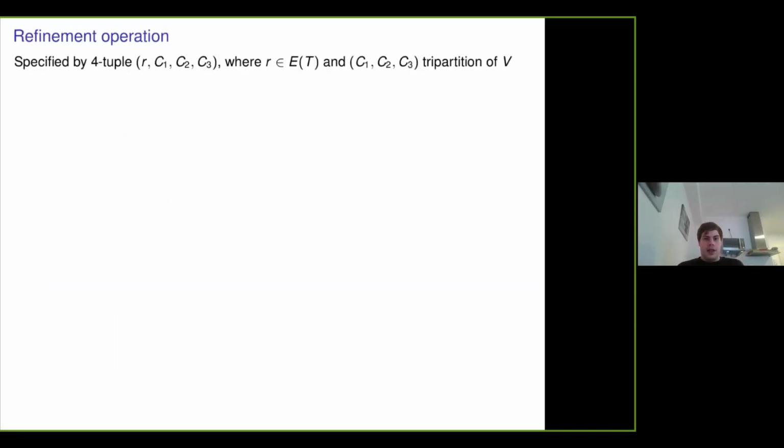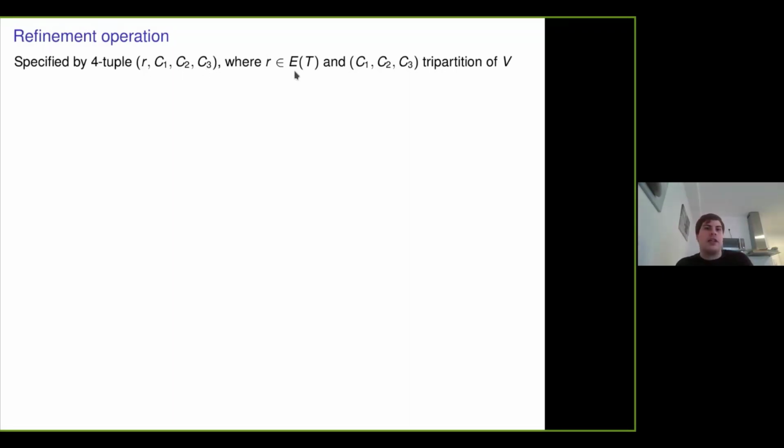Now let's look at what this refinement operation is like. This refinement operation is specified by a 4-tuple where we have some edge r of this branch decomposition.